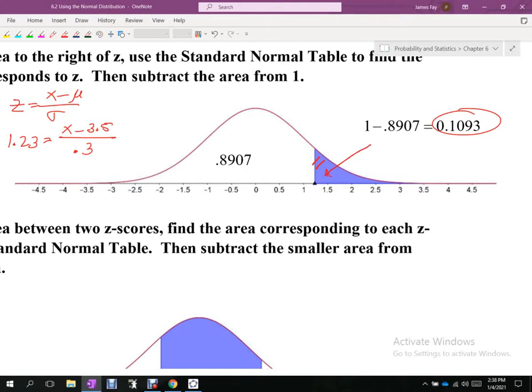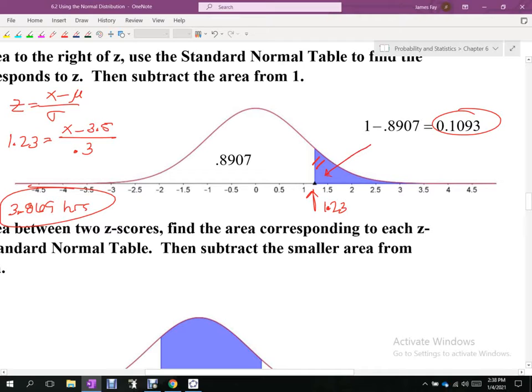So times 0.3, and then I'll add 3.5. So I get 3.869 as the number of hours. So basically what I'm saying is that this z-score here of 1.23 correlates to 3.869 hours in regards to raw data.